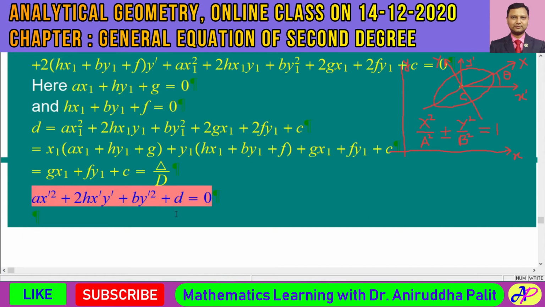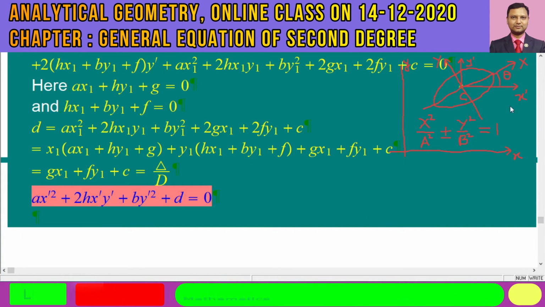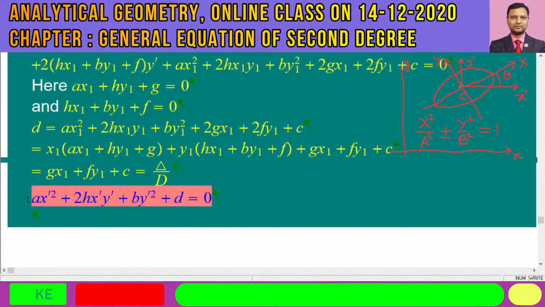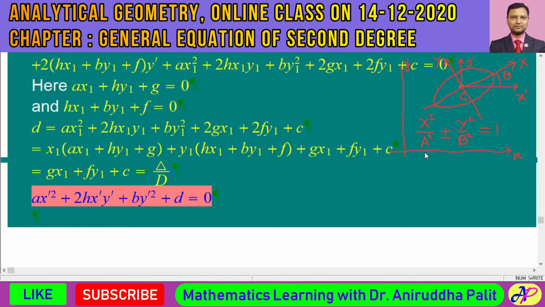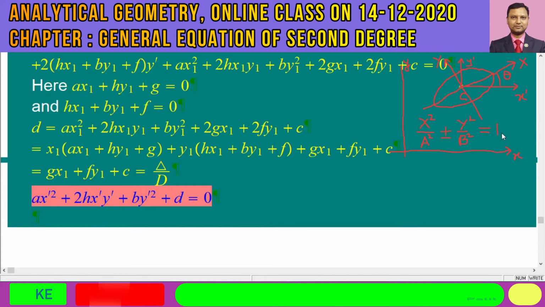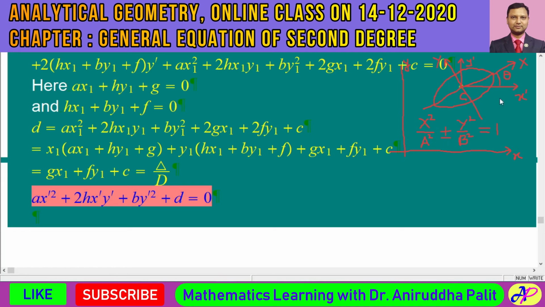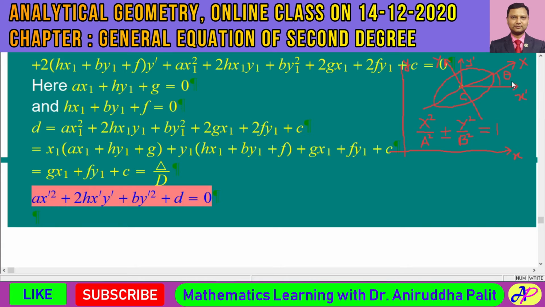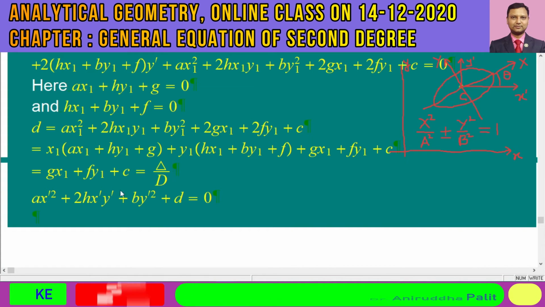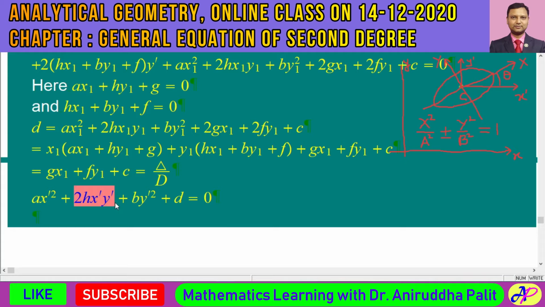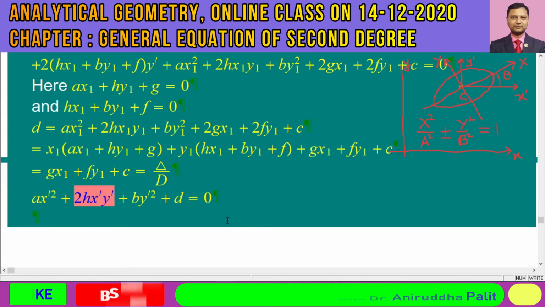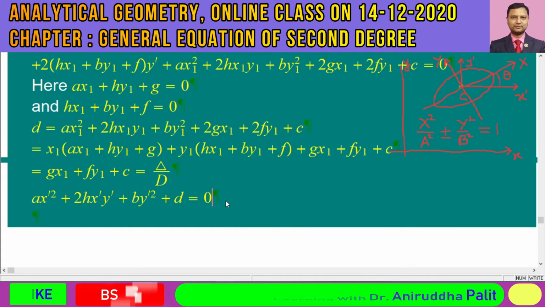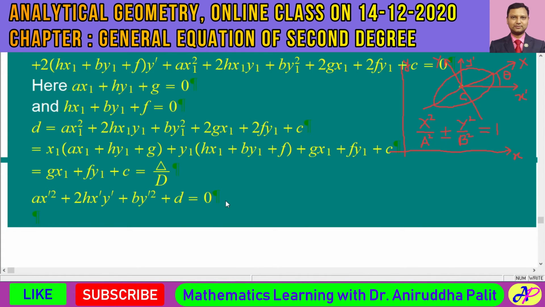We have this kind of equation. Now we want to convert this equation into this standard form: x square by a square plus or minus y square by b square is equal to 1. And that's why we are applying a rotation about an angle theta, so that the target is that the term containing xy, or capital XY, would become equal to 0 after applying the rotation.